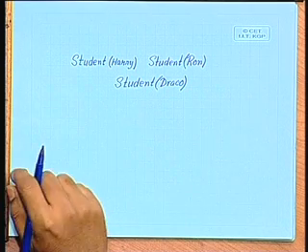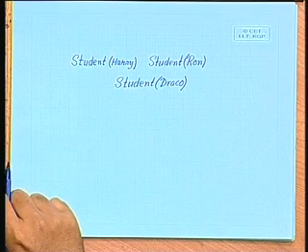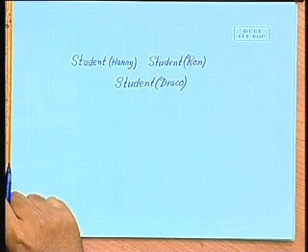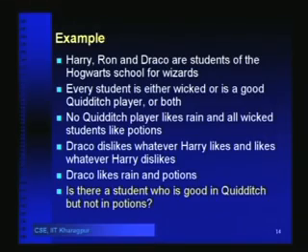Then next sentence says that every student is either wicked or is a good Quidditch player or both.